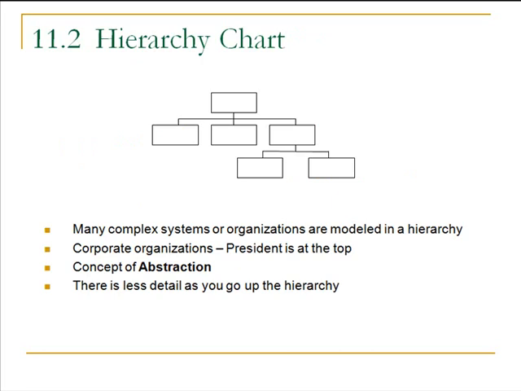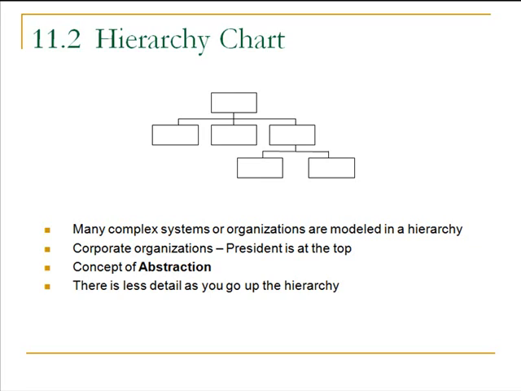And one place that you've probably seen this before is in a corporate organization chart, where the president is at the top and the vice presidents are beneath that person, and maybe managers are beneath the vice presidents depending on the organization. So a hierarchy chart is a good way of representing the concept of abstraction.